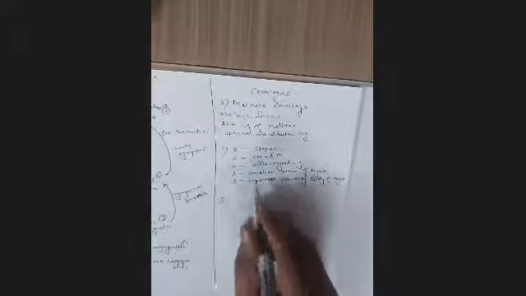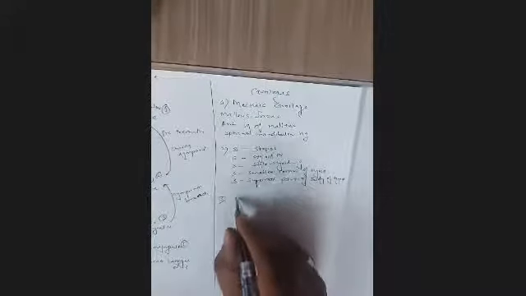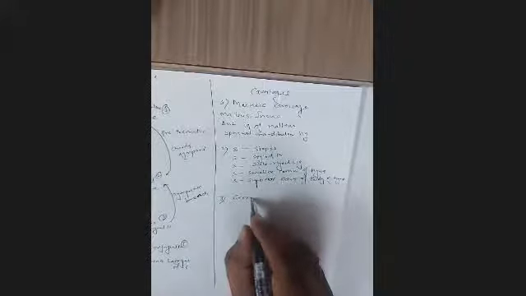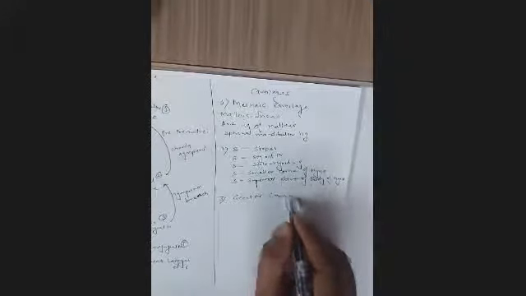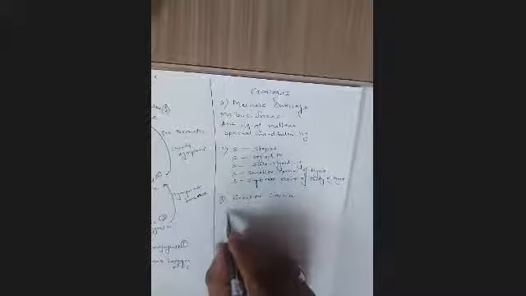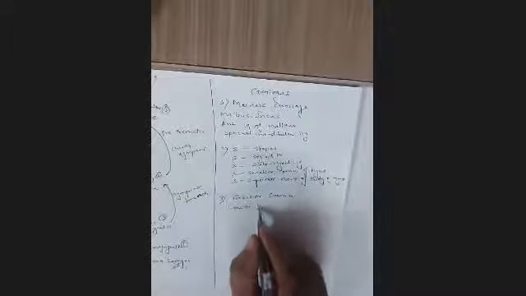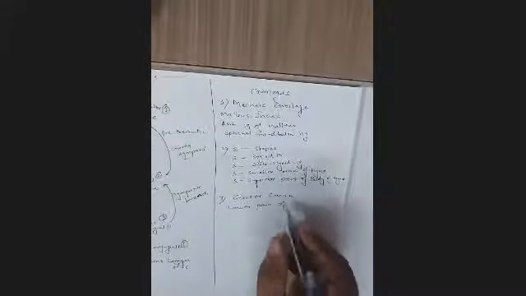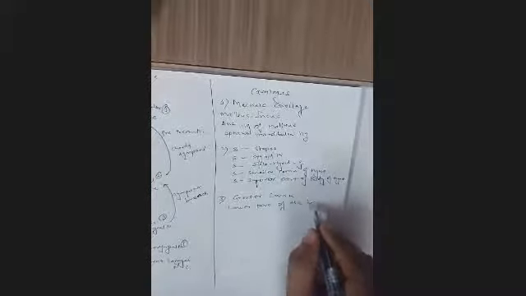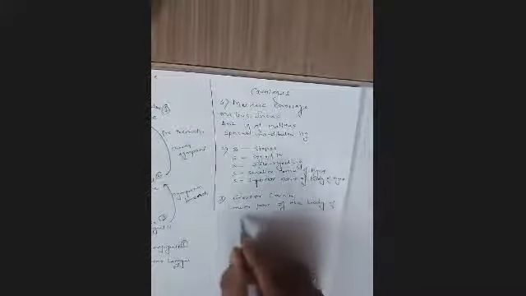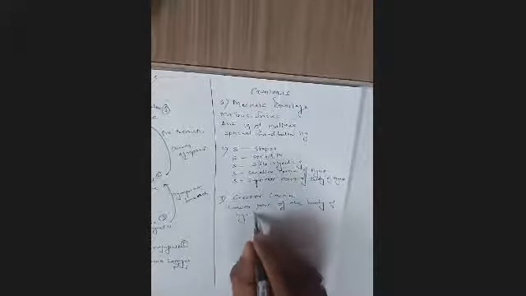The third arch will give rise to the remaining part of the hyoid. Okay. So that is the greater cornu of the hyoid and the lower part of the body of hyoid.